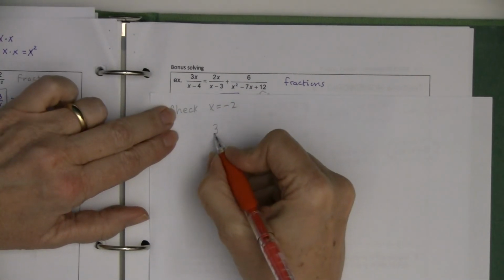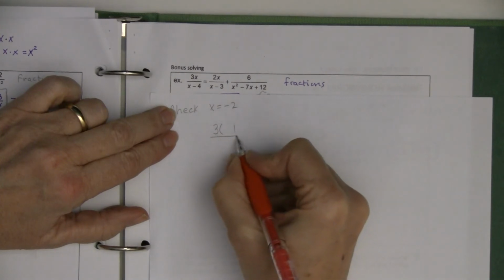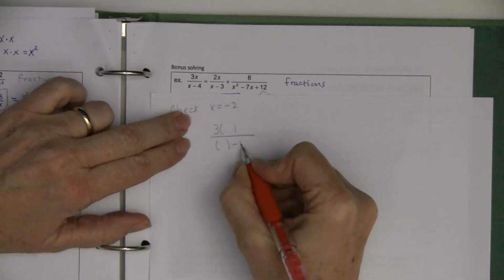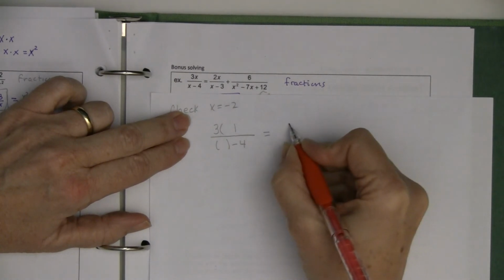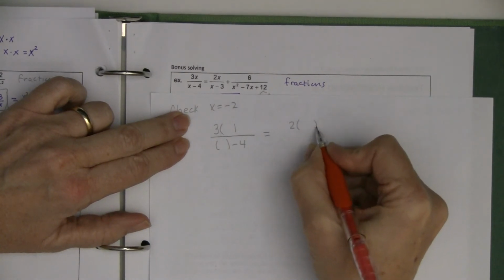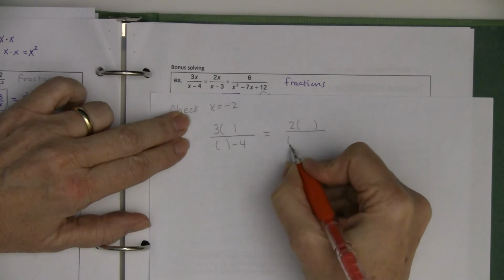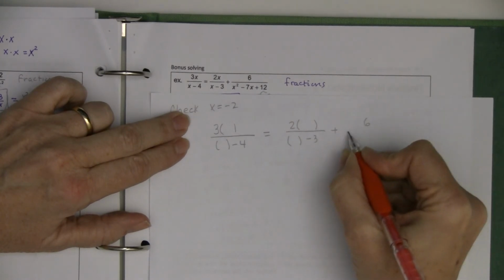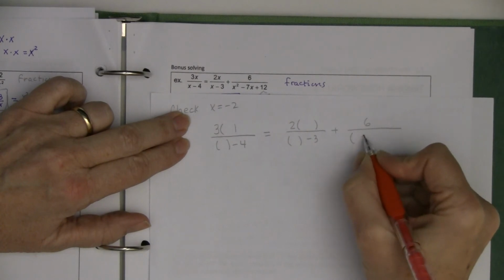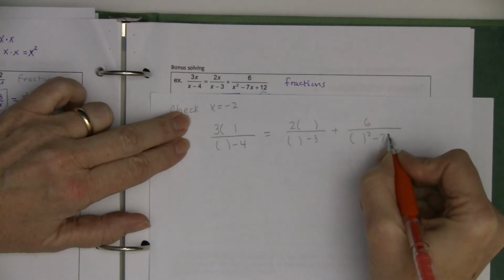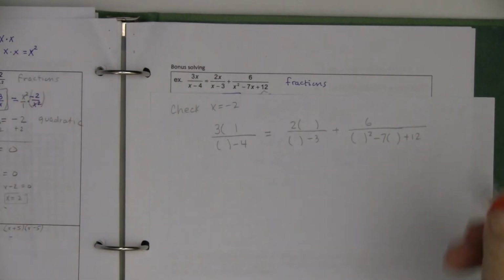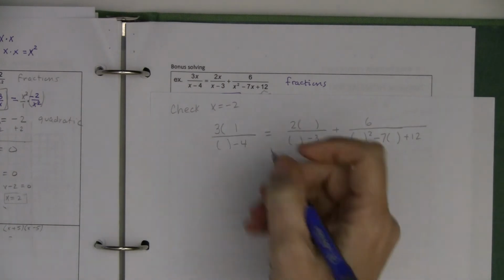So this is 3 times x over, I'm putting a parenthesis for x. Okay, so in there we're going to put negative 2.